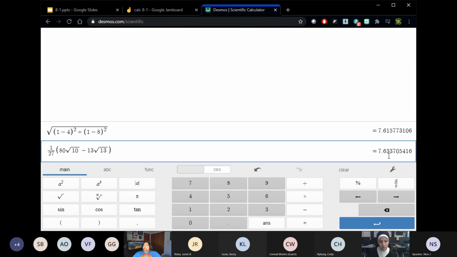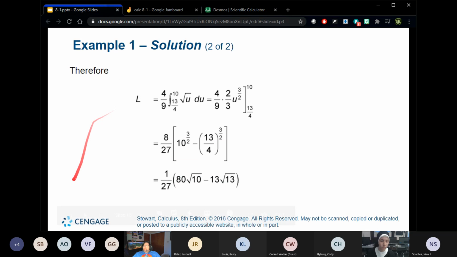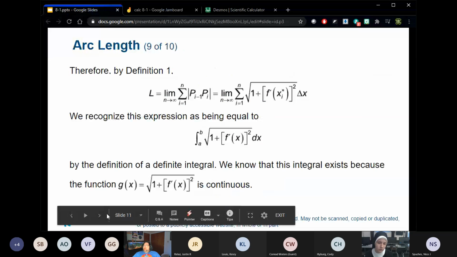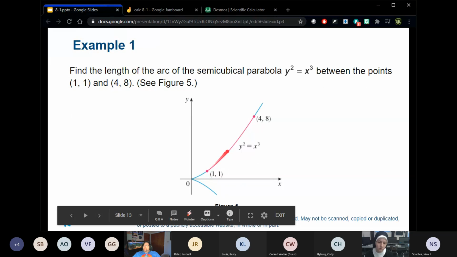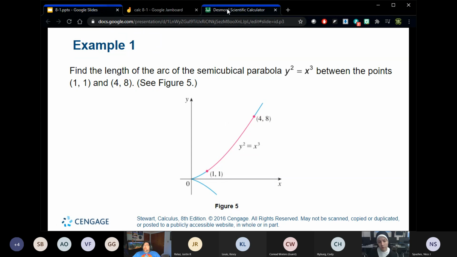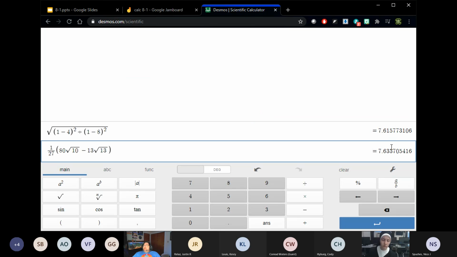And the one we got is a little bigger, and that makes sense because if a straight line, my arc was underneath it. So if we go back and look at the curve, you can see if I drew a straight line from that to that, it would be above the line. So the line would be a little bit longer for that. So that value makes sense when we do it.